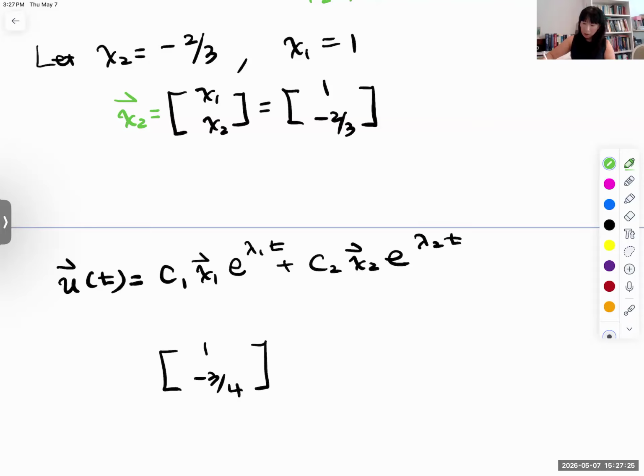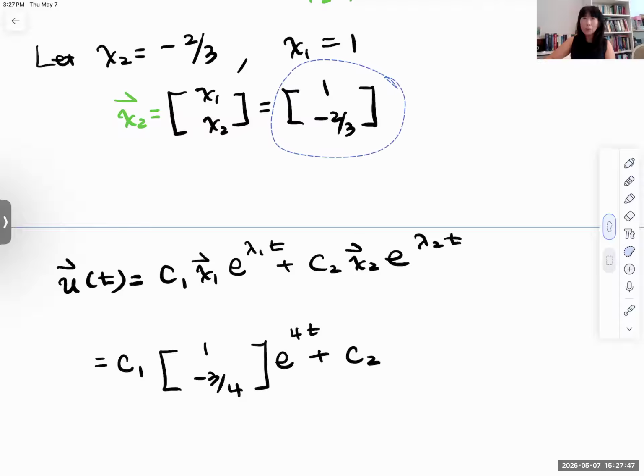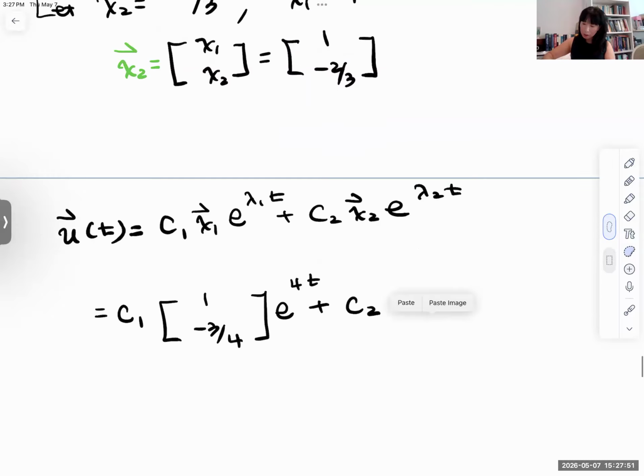Yeah. Okay, then there will be c sub 1 and e to the first lambda, negative 4t, plus c sub 2. There will be 1, negative 2/3. Copy.